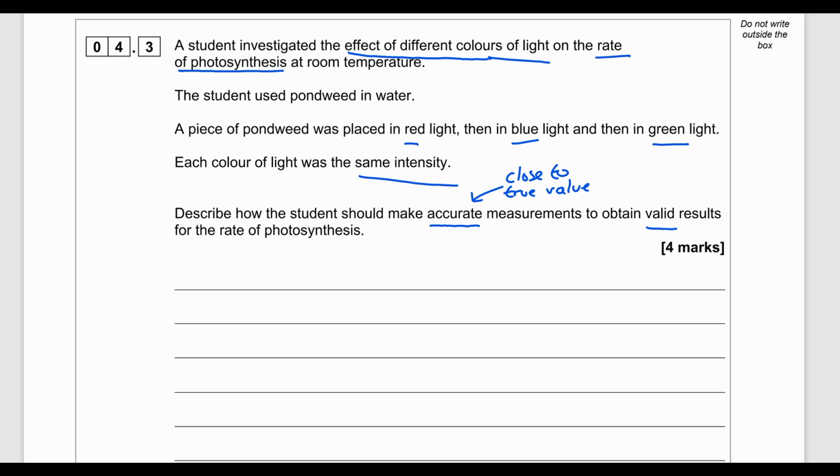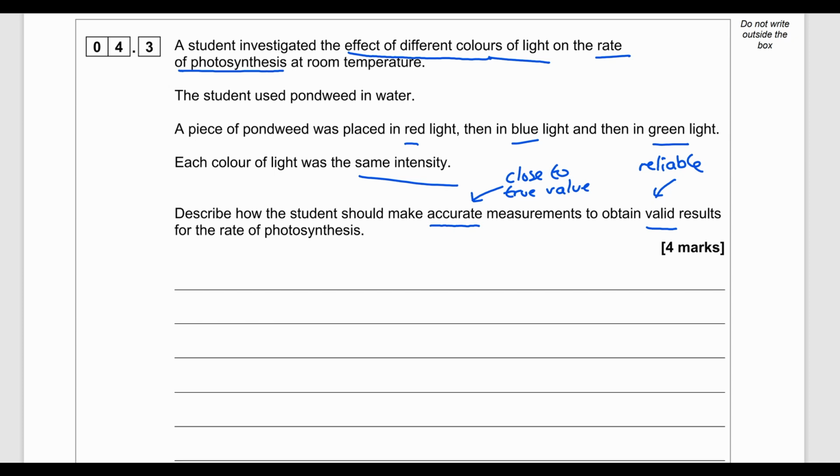The definition of valid really is related to reliable. So in essence, the question is asking us, how are we going to do something in this experiment to ensure that the results that we get are reliable and close to the true value?